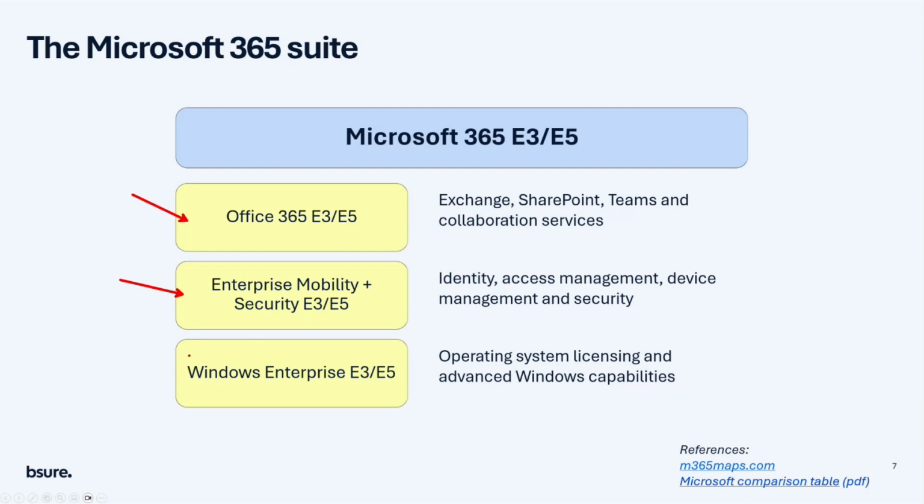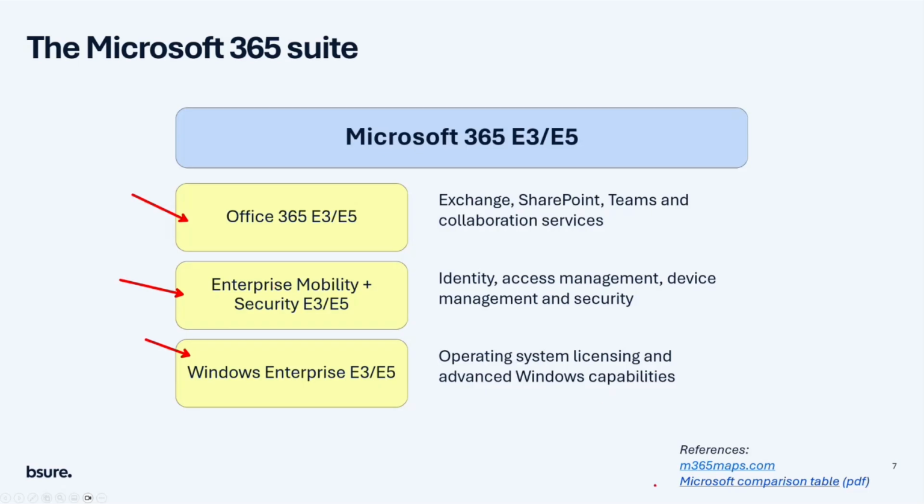And the last component is Windows, and it's more of a Windows upgrade product. So if you have Windows Enterprise E3 or E5, your Windows Professional operating systems will be upgraded to Enterprise Edition. So while it's one commercial license, it's built from independently licensed components.